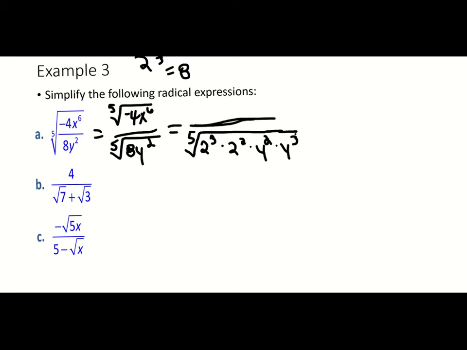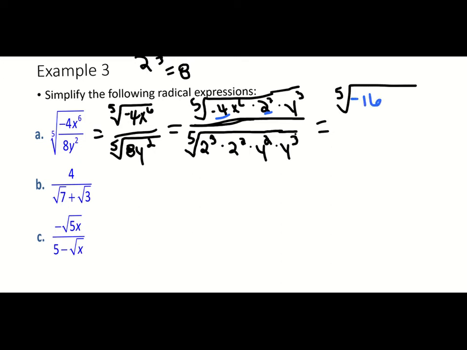Now, what that means is whatever we do to the bottom, we have to do to the top. So I'm going to keep my -4x to the 6th power, and then times it by 2 to the 2nd and y to the 3rd, because that's what I added to the bottom of my radical. When I go to simplify this, I'm going to have the 5th root of -4 times 2 to the 2nd, which is 4, so -16, and then x to the 6th power, y to the 3rd power.